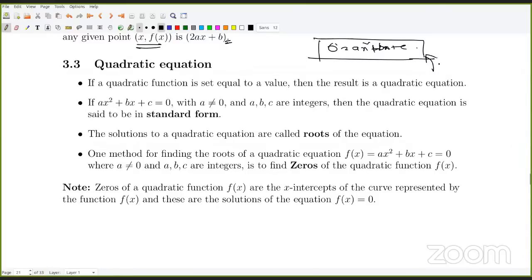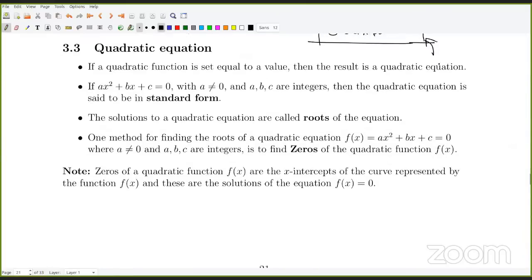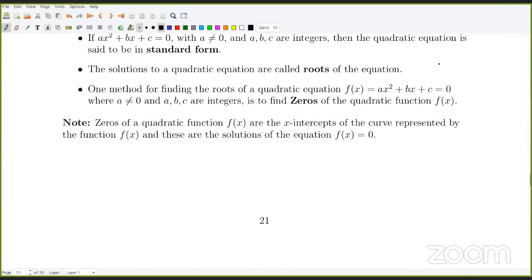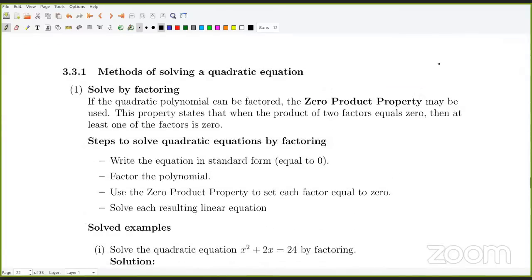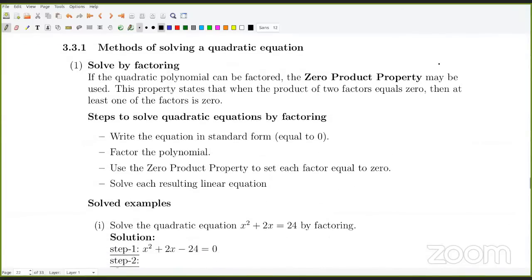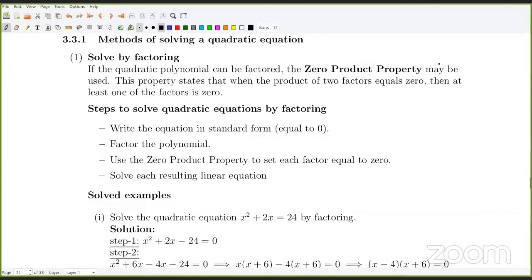So that is about the quadratic equation. And there are 3 methods by which we can solve these quadratic equations, starting with factoring. Solve by factoring means you have to factor the middle term.